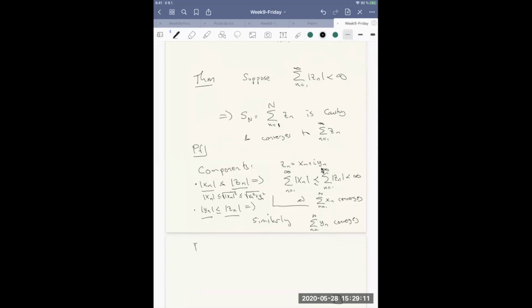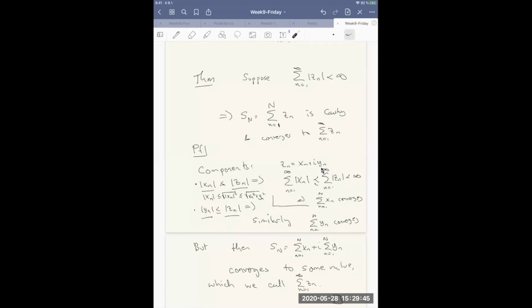But then, because the sequence of partial sums of the complex series, whose real part is the sum of xn and whose imaginary part is the sum of yn, converges to some value, which we call the infinite sum. And that is the end of the proof.